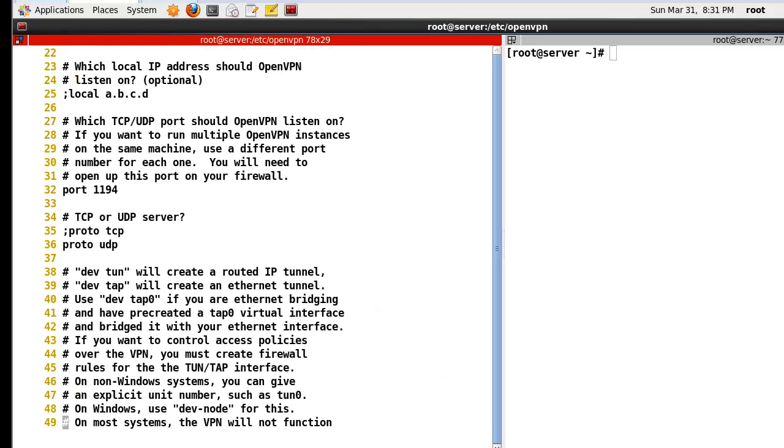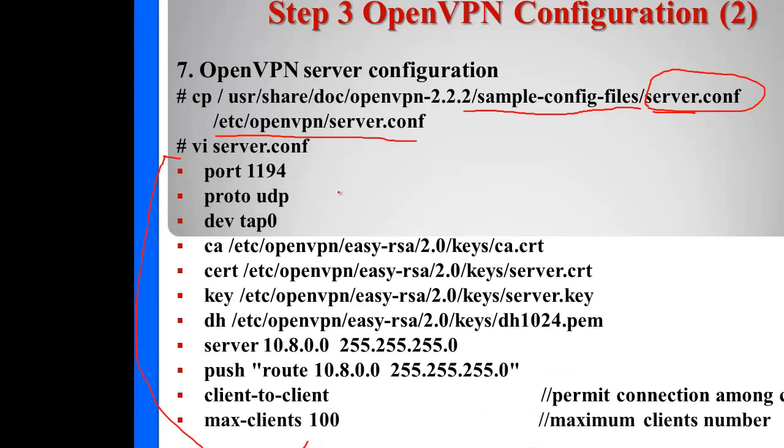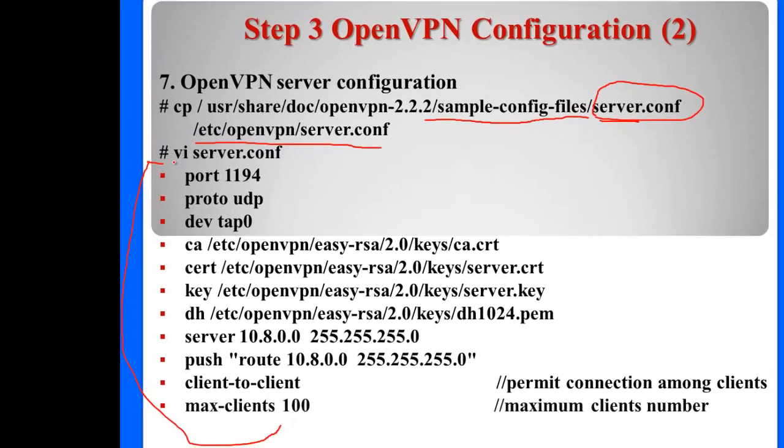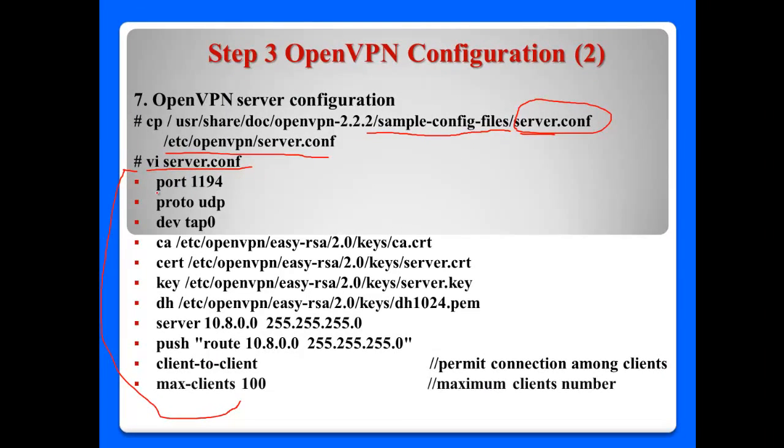So in the server's configuration, server.conf, first one, the port number, we will use this one, and the protocol for OpenVPN normally uses UDP, and the device will be tun0. And this line is very important.